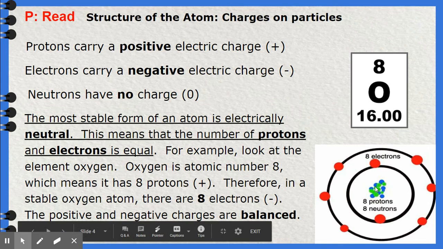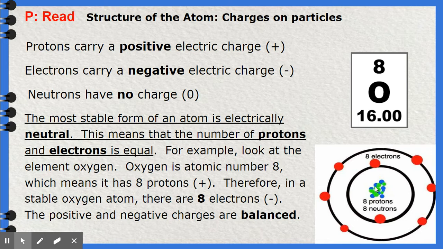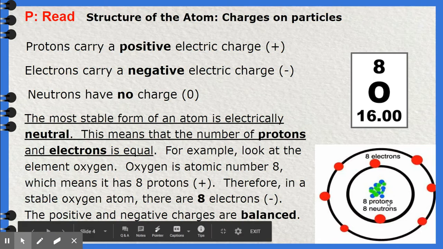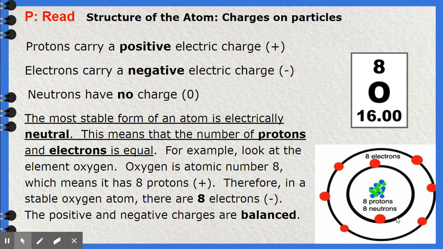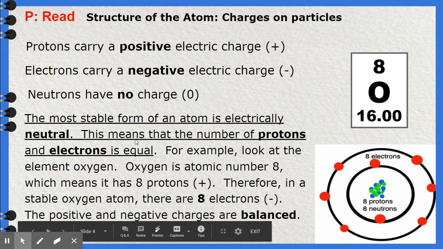So always neutral atoms, protons equal the number of electrons. They cancel each other out. So if you have 8 positives and then you have 8 negatives, if you subtract, they cancel each other out. The overall charge is 0. So we say it's neutral.